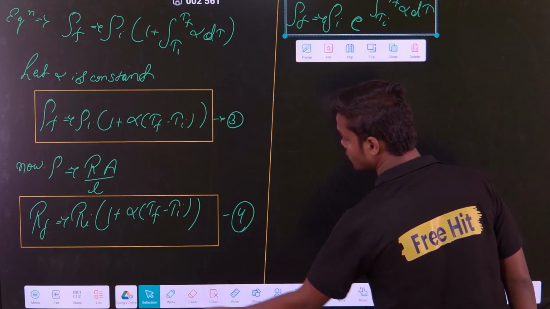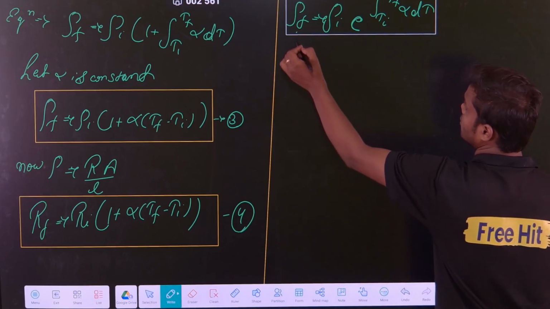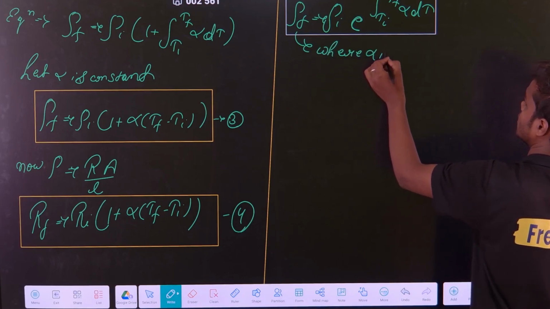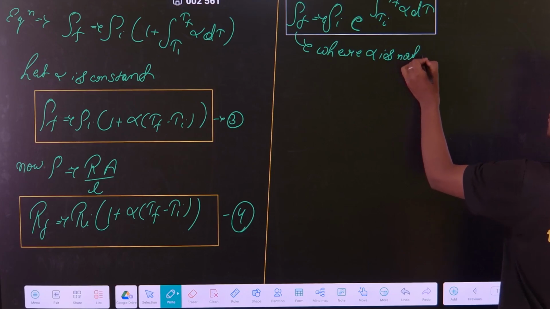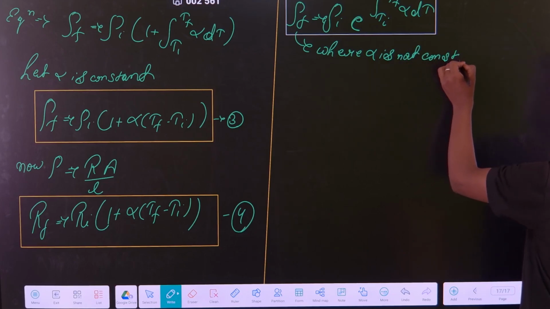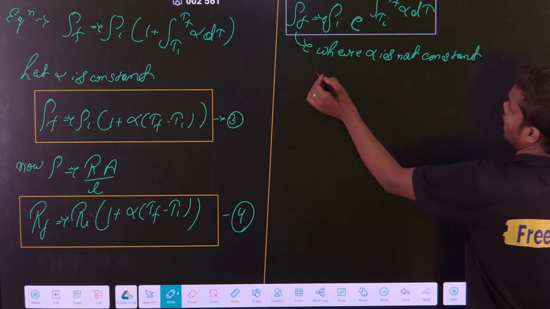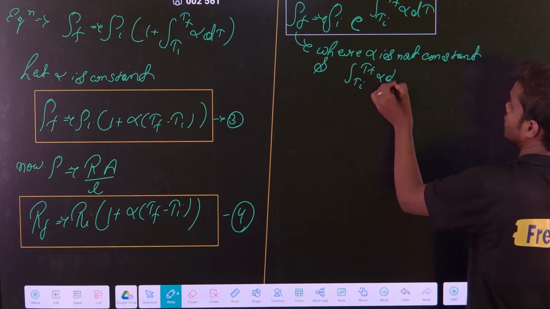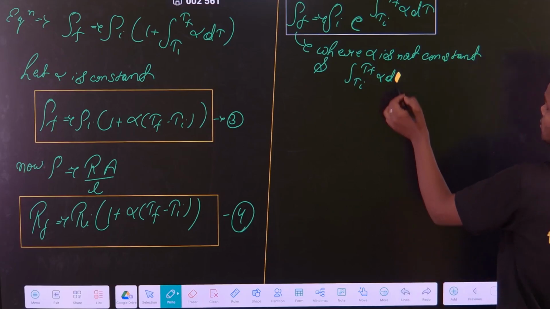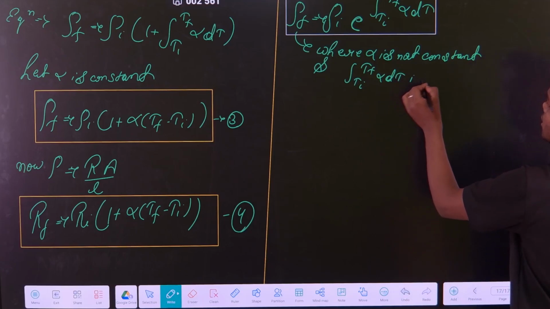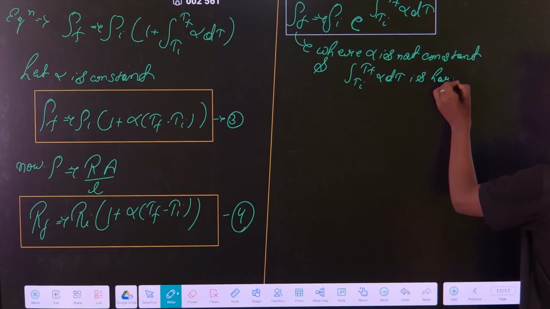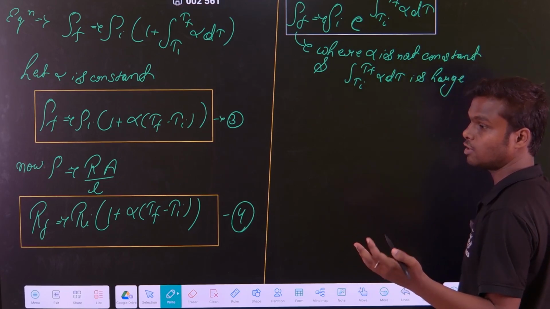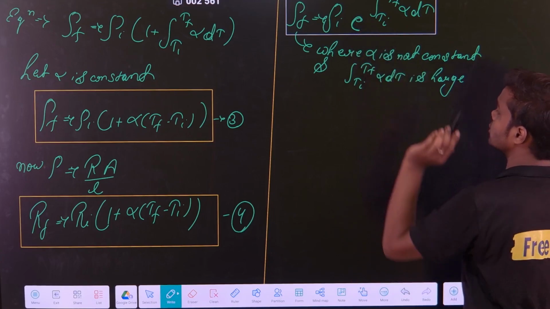You have to use it where alpha is not constant, first thing, and the integration of alpha dt from Ti to Tf is large. Like it is not a very small number like 0.1, 0.2. It comes up to some 10, 12, 13, 14. Then you use this formula.